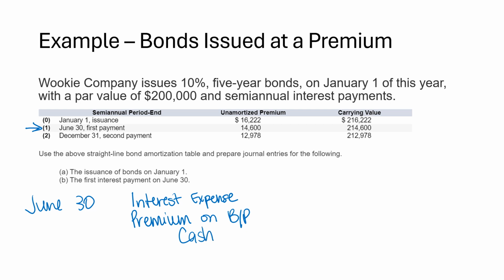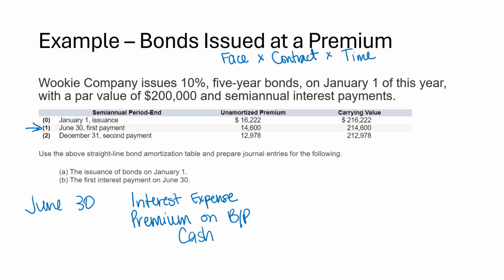The credit to cash will always be the face amount times the contract rate times the amount of time for each payment.